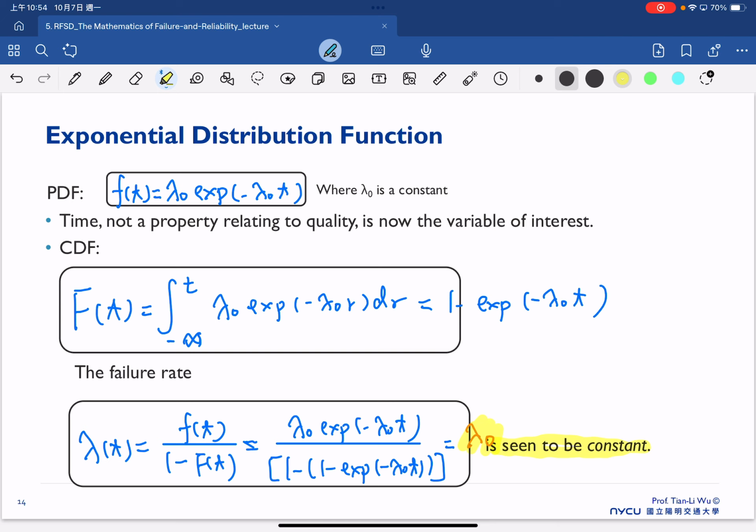Due to the constant failure rate, we can use the exponential distribution function to do the reliability modeling and analysis. So this is also another piece of evidence, echoing what I have said.